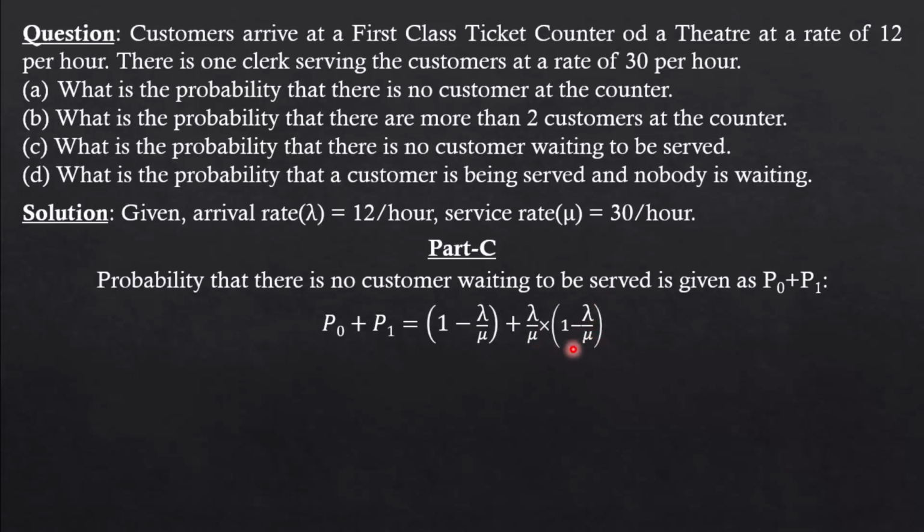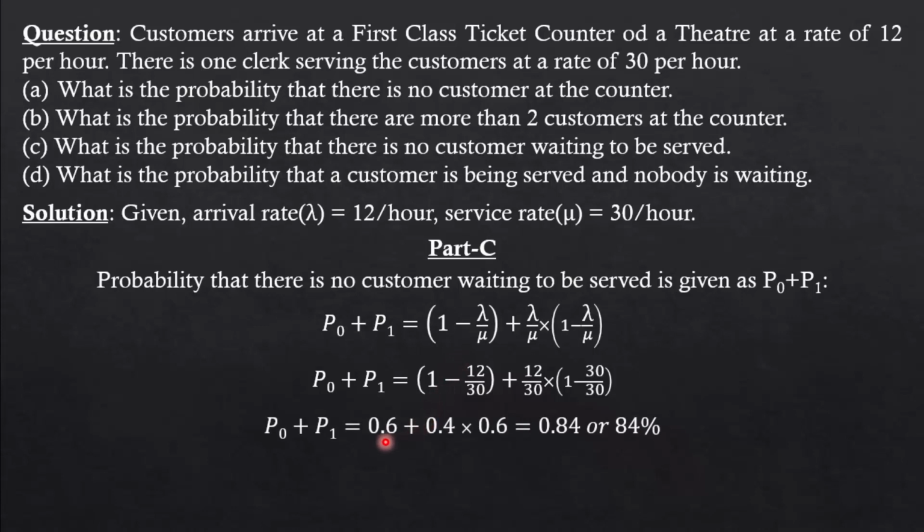It is given as the probability of having one person in the system. So let us put the values of lambda and mu, and if we solve this, we will finally get the value as 0.84, or we can say 84%. So there is 84% probability that there is no customer waiting to be served.